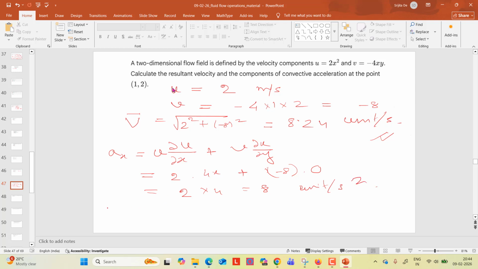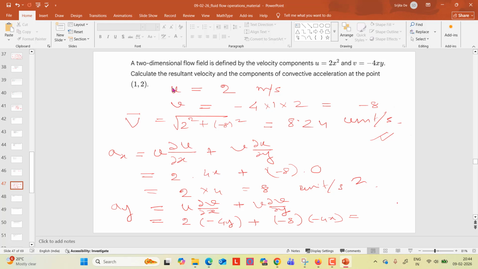And ay is similarly u into del v del x plus v into del v del y. u is 2, del v del x is minus 4y, plus v is minus 8, del v del y is minus 4x.